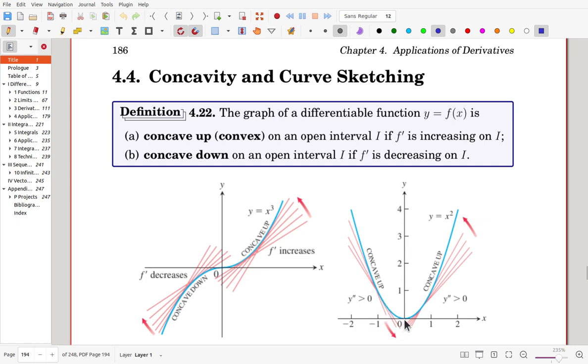On the right side, again the slope is 0 here and becoming larger and larger, so again concave up. So for the graph of y equals x squared, it is concave up all the way. But for the graph of y equals x cubed, the left-hand side is concave down and the right side is concave up. Concave up is often called just convex.